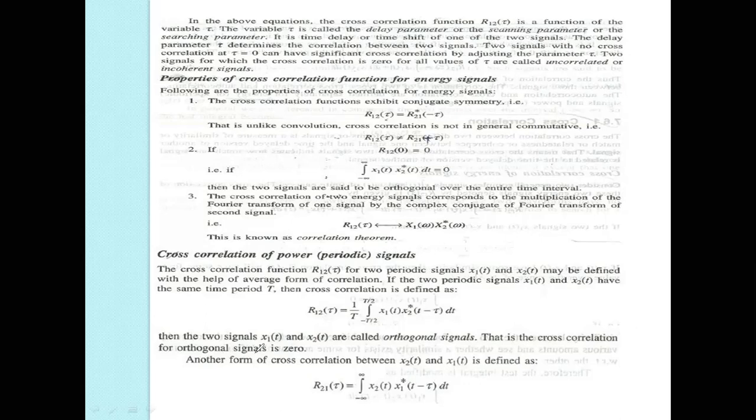Another form of the cross correlation function between x1 and x2 is defined as this equation. So the power signal is 1 by T into the integral from minus T by 2 to T by 2, the same thing, x2 of t and x1 star of t minus tau.